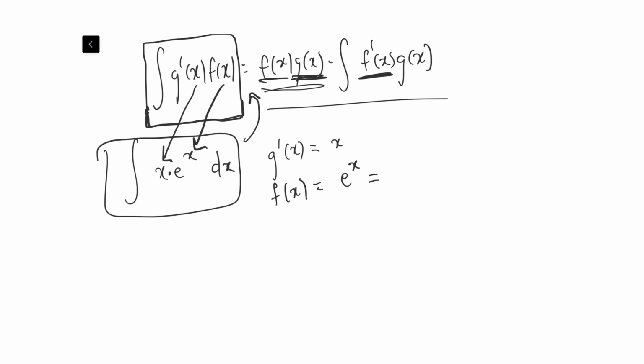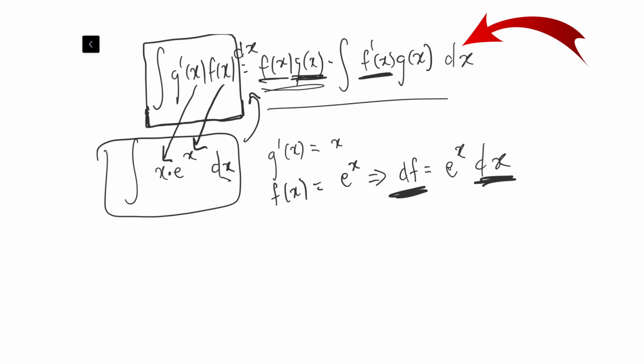So let's find those. This implies that df, the derivative of f with respect to x, is equal to e to the x dx. Again, as we've been doing with integrals, the differentials are always written like this, like the df and dx. Oh, I forgot to write dx on either side, so don't forget this dx.